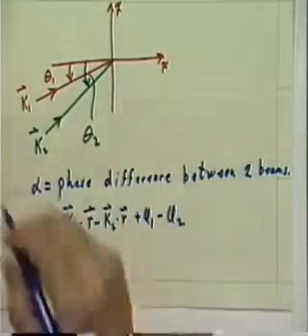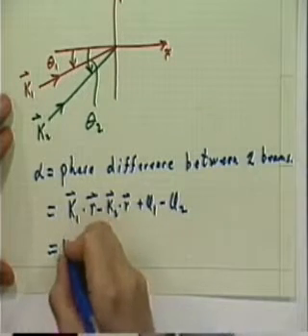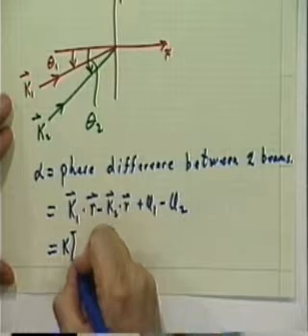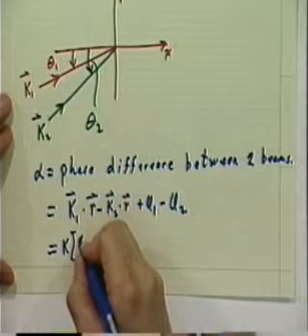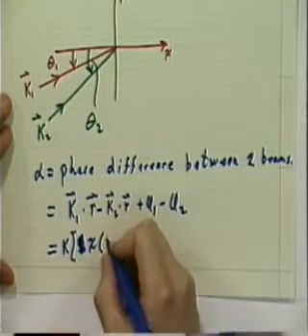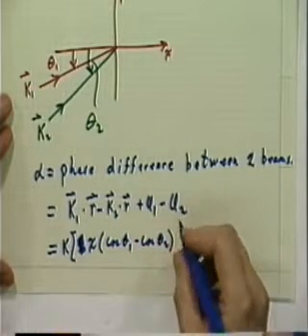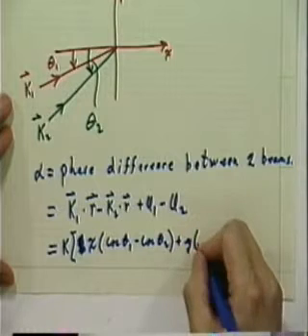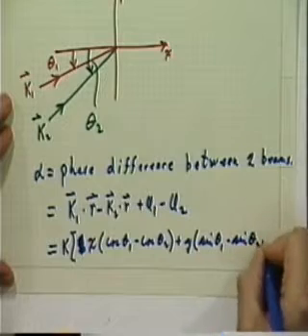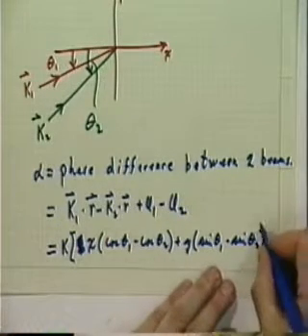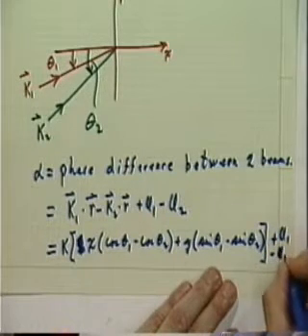And so going up to what k was in a previous piece of paper here, this is equal to k, 2 pi over lambda, times x times cosine theta 1 minus cosine theta 2, plus y times sine theta 1 minus sine theta 2, plus phi 1 minus phi 2.